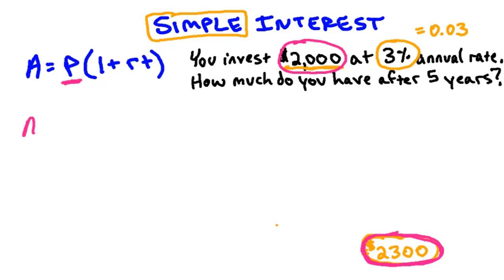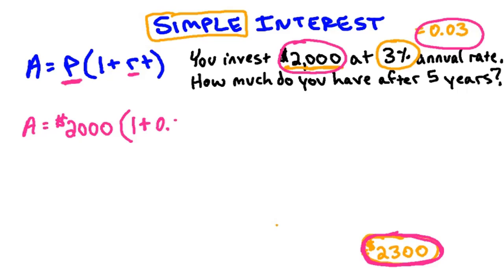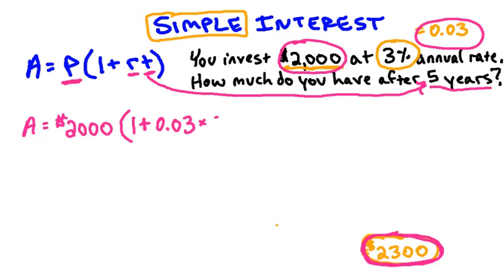So we're going to write A equals $2,000 times parentheses 1 plus, and then the R, the rate, is going to be the decimal form of 3%, so that's going to be 0.03 times time, T for time, and the time is going to be 5 years. So that's how long this time is going to go by.